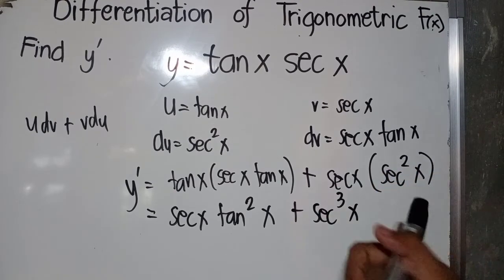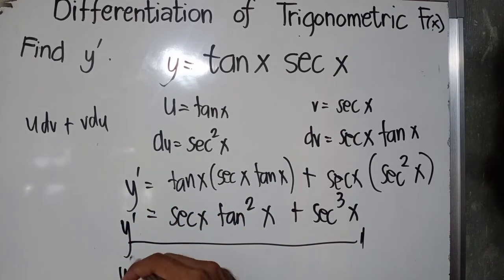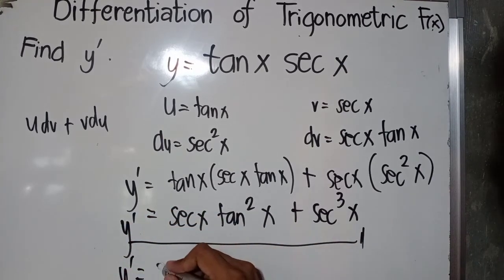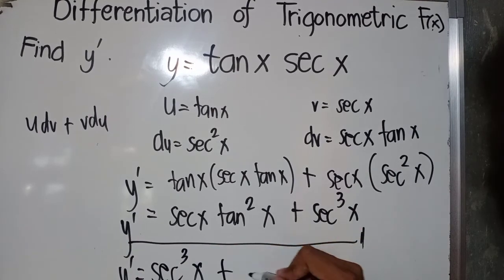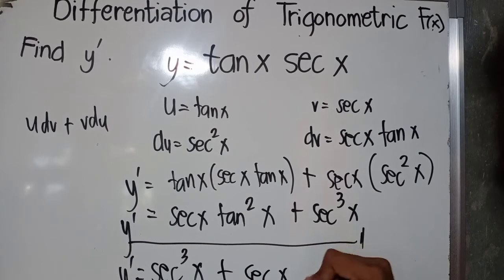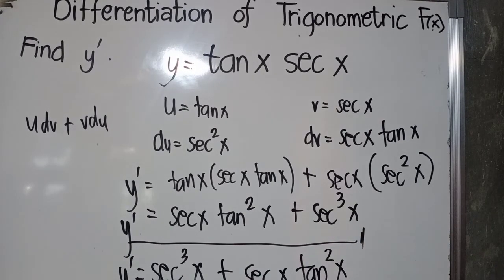Okay? So, this could be your answer na, but if you're going to arrange it according to degree, ganito po yung, unahin natin yung cube. And then, we're going to have the second term, which is this one. So, that would be our answer for this example.